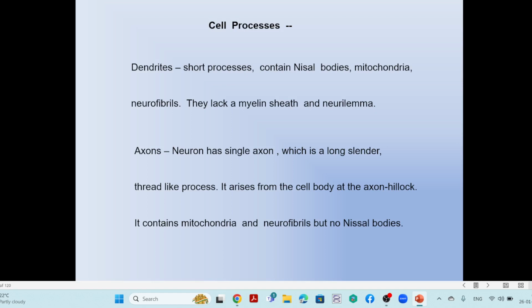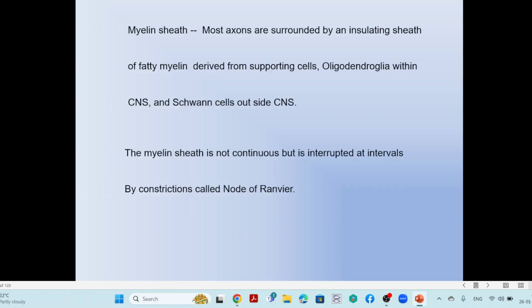So this axon is a thread-like elongated structure that arises from the cell body at the axon hillock, and it contains particularly mitochondria and neurofibrils but no Nissl bodies. This is the main explanation.